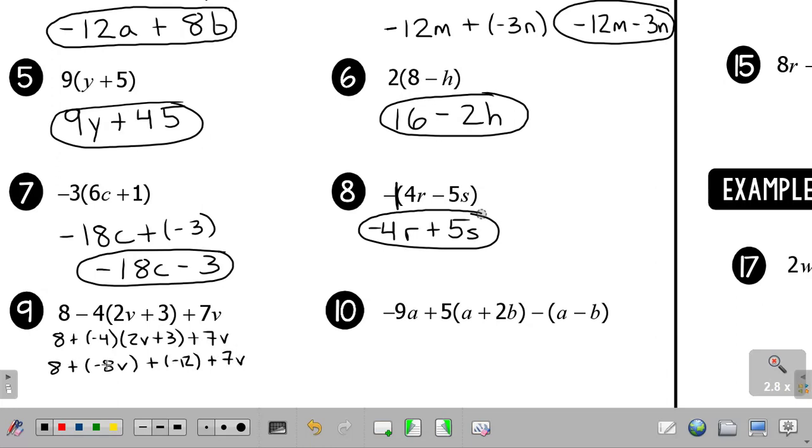Well, we can add the negative 8v plus a 7v. That's going to give us negative 1v or negative v. And then we're going to have 8 and minus 12, which, taking a little shortcut here, 8 plus negative 12 will give us a negative 4, so minus 4.